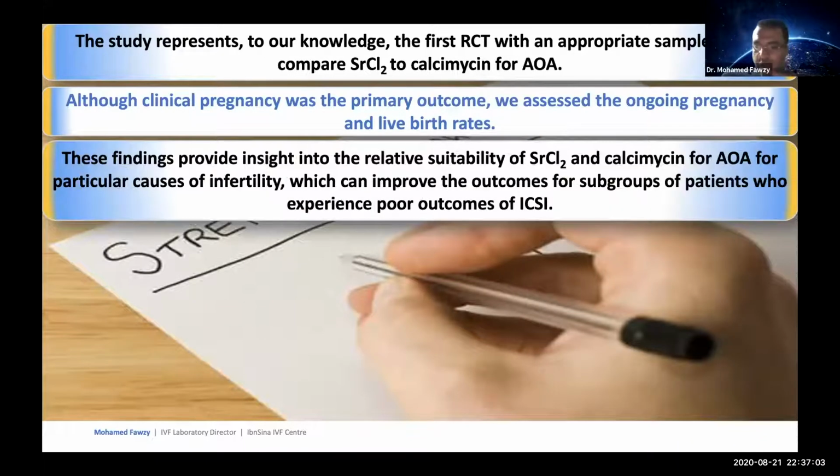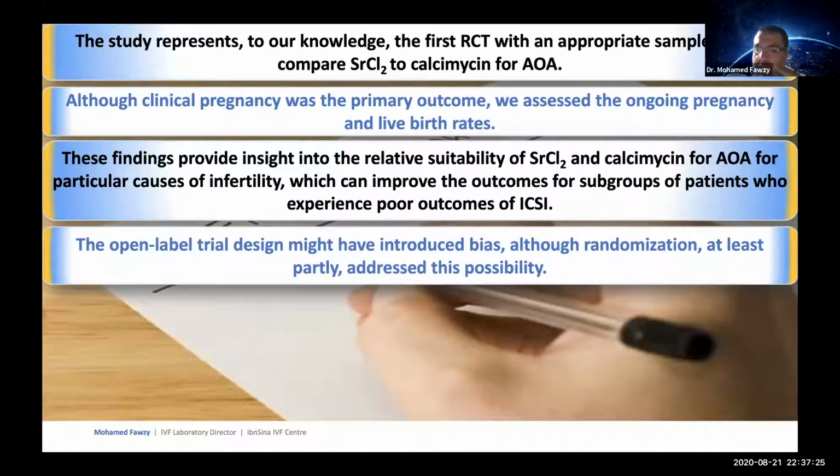These findings provide insights into the relative suitability of strontium chloride and calcimycin for artificial oocyte activation for particular causes of infertility, which can improve the outcome for the subgroup of patients who experience poor outcomes of ICSI.